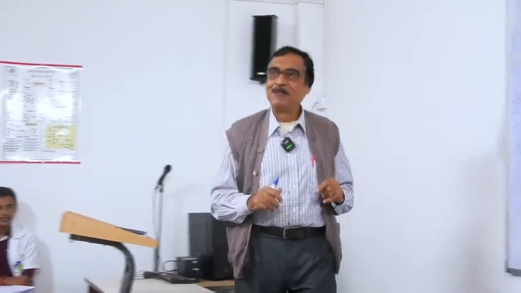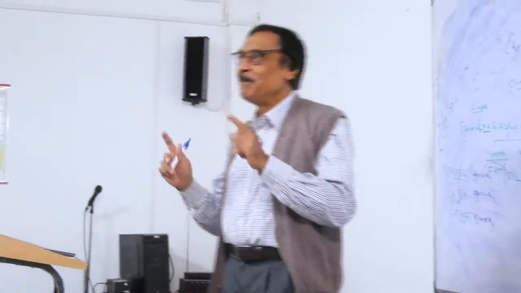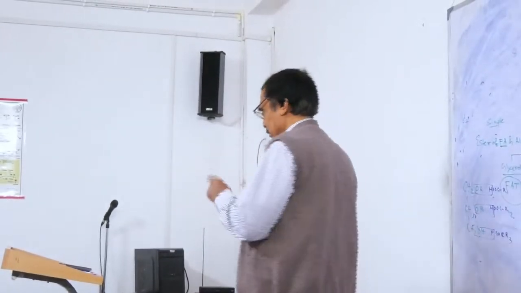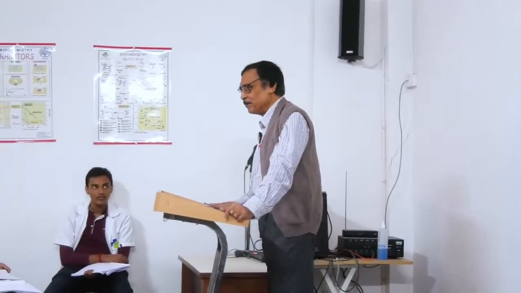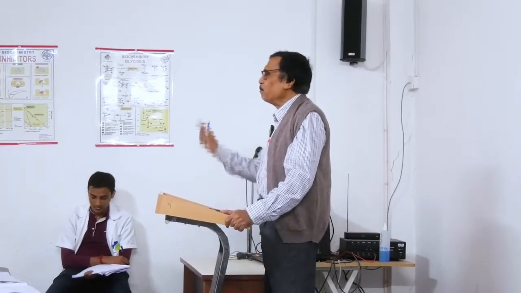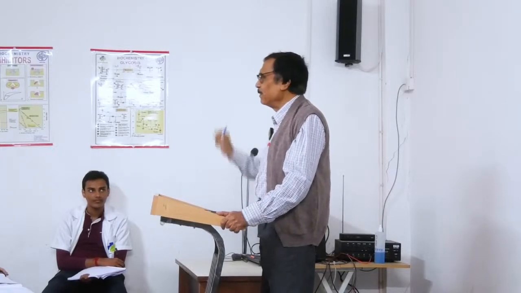Based on chain length: long chain fatty acid, medium chain fatty acid, short chain fatty acid, and after long chain there is also very long chain fatty acid. As per length of the chain, as per degree of the saturation.